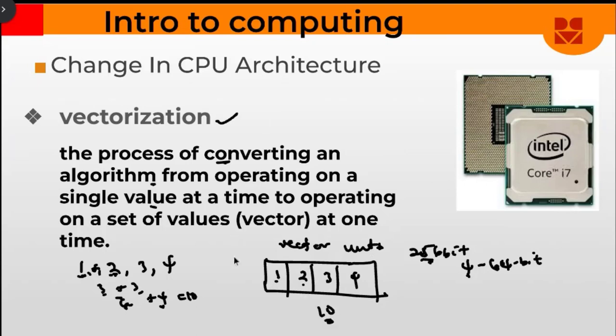So you see that with this approach, if it takes a minute to compute 1 plus 2, it's going to take like 3 minutes to compute this. But in this situation, it just takes 1 minute to add all these things together. So the concept of vectorization also helped in increasing the processing speed, or the computation speed, right?